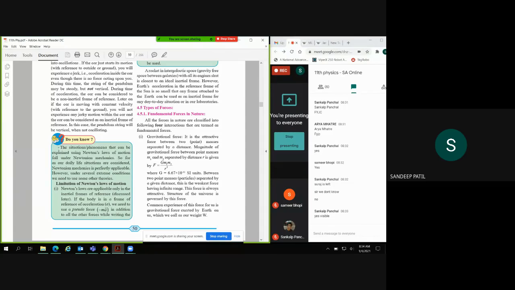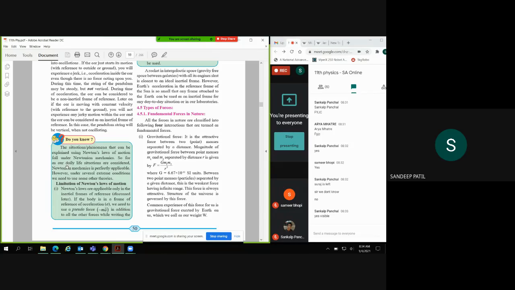Do you know that situations and phenomena that can be explained using Newton's laws of motion fall under Newtonian mechanics? Whichever physics we can govern or write down through Newton's laws of motion falls under Newtonian mechanics. There are certain non-Newtonian mechanics also.